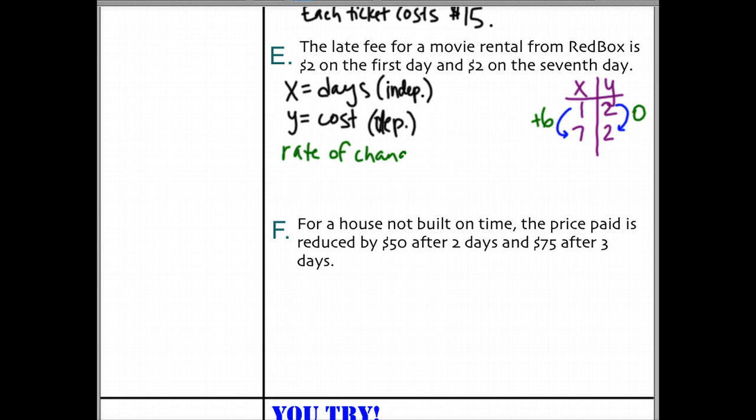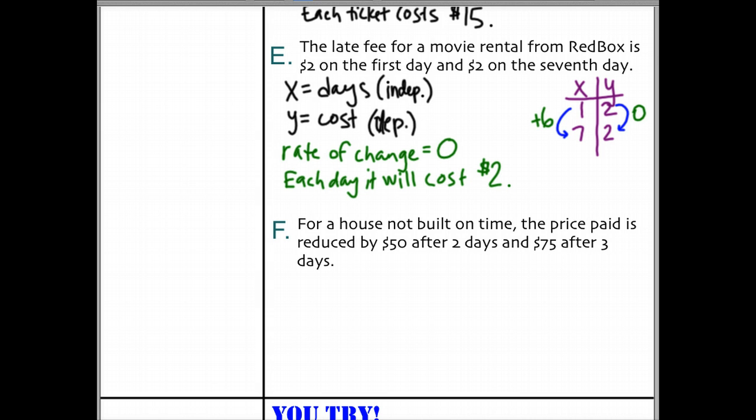So our rate of change equals 0. What that means is that each day, no matter what, it's going to cost you $2. Each day will cost $2.